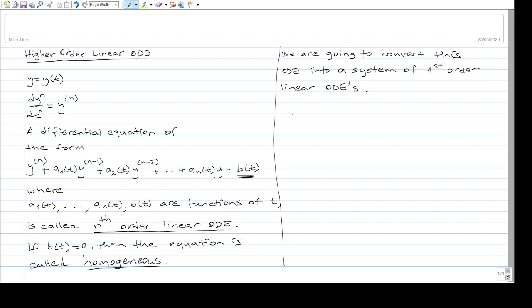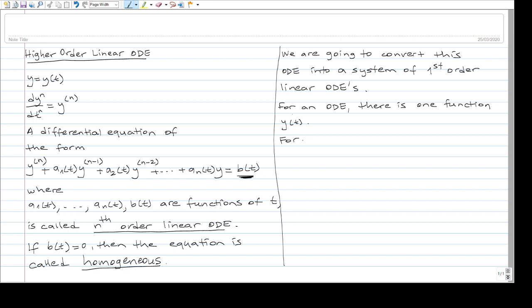So in the equation we want to consider, we have higher derivatives of the function y, and we are going to convert it into a system where the order of each equation is 1, a first order system. Now, to do this, for an ordinary differential equation there is one function, y of t.